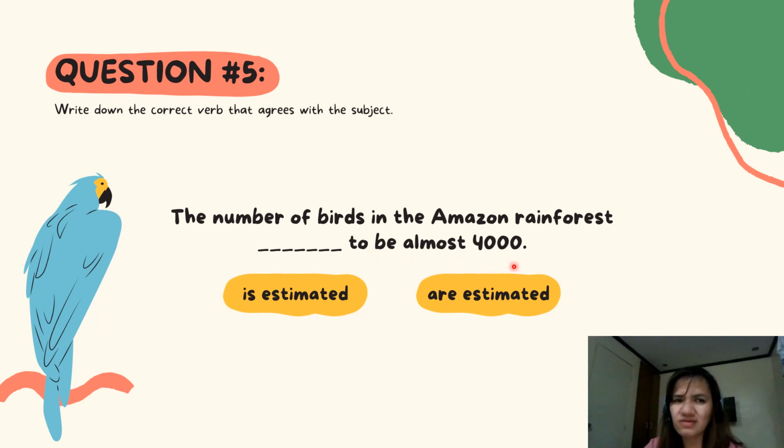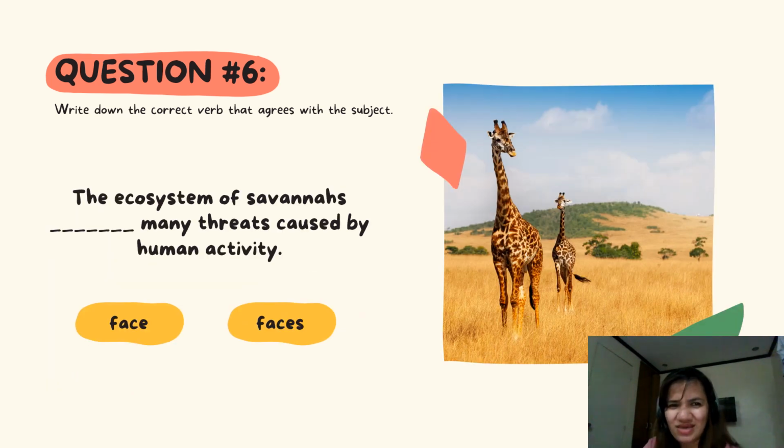What is the correct verb that agrees with the subject? Is it estimated or is estimated? For question number 6, the ecosystem of savannas, blank, many threats caused by human activity. Is it face or faces?